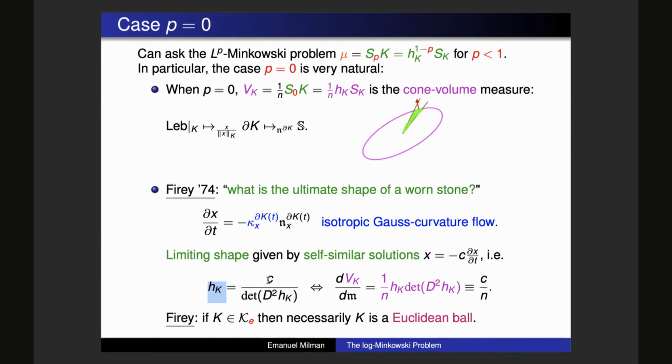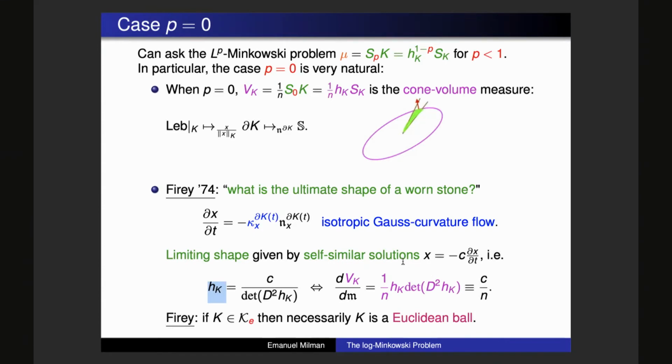But remember, the Gauss curvature is 1 over the determinant of our tensor. So this is our equation. Let's move the denominator to the left-hand side and divide by n. This is just normalization. So you'll see immediately that the equation that you get is that the density of the cone volume measure will be equal to a constant.